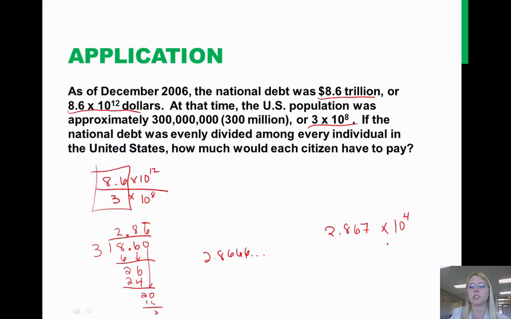So let's change this to decimal notation. So we're going to move this decimal over 4 spots. So 1, 2, 3, 4. So our answer is $28,670 a piece is what we would have to pay in order to make up our national debt.